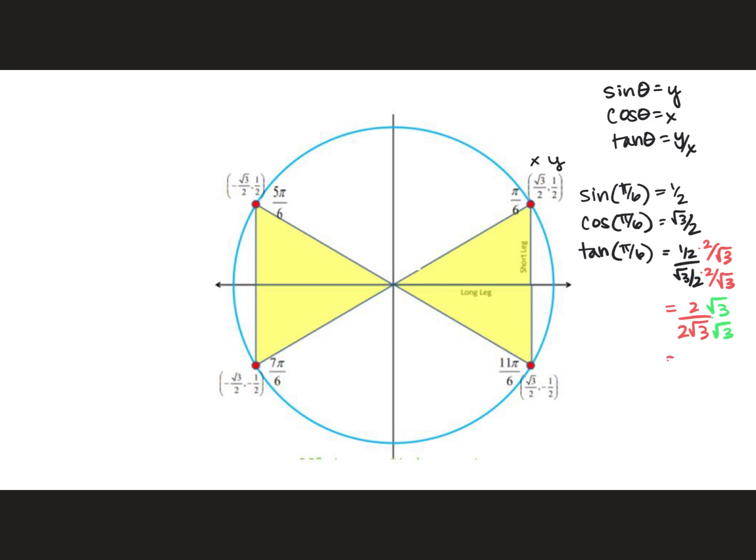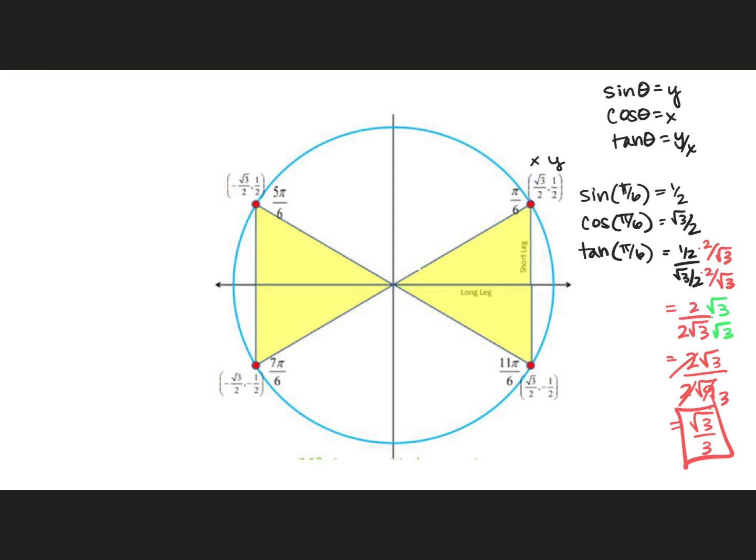And so then this would give us 2 radical 3 over 2 radical 9. 2's cancel. Square root of 9 is just 3. And so tangent is going to be radical 3 over 3. As I mentioned before, that's kind of a lot of work, but what's nice is now I know that tangent for all of the other ones is going to be radical 3 over 3. I just will have to adjust the sign for that quadrant.